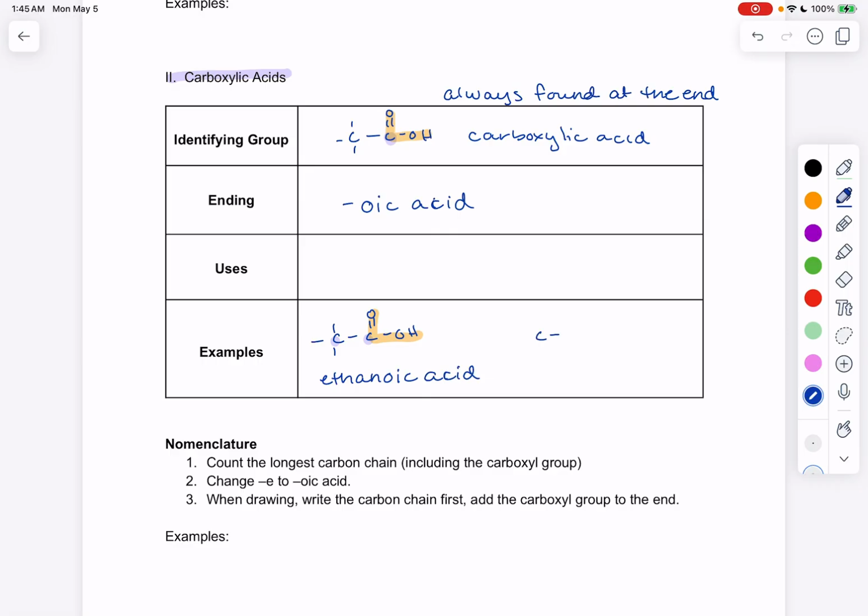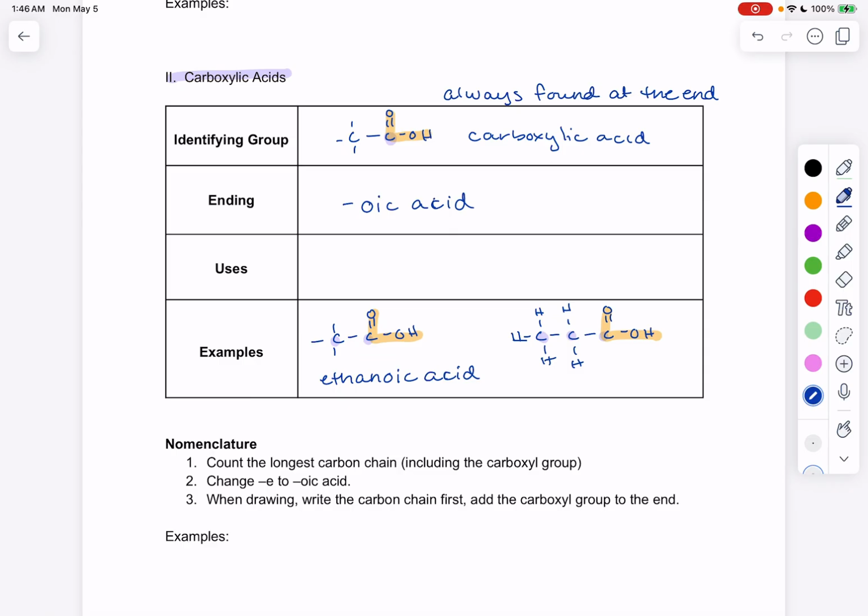So here's the next example I'm going to give you. This one has 1, 2, 3 carbons with the carboxylic acid group.